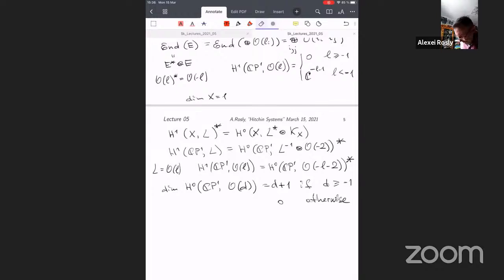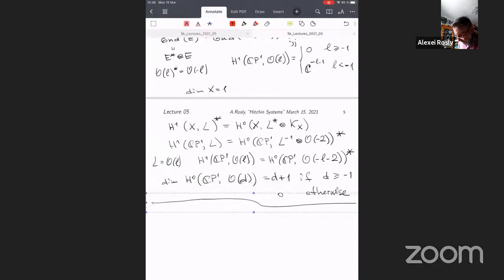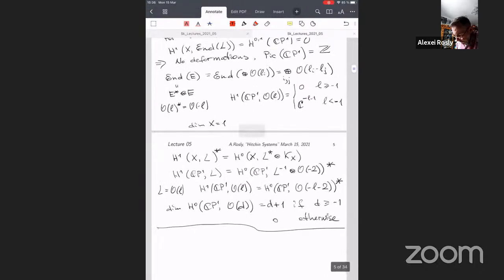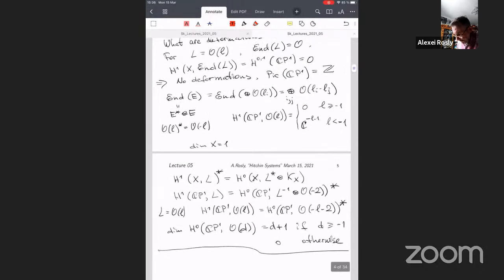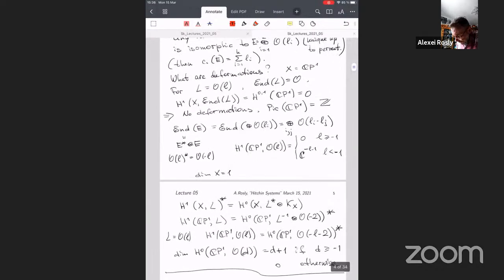Okay, this was, again, an exercise for me. So what do we see now? Sorry, something is wrong with my screen. Oh, now it moves. Okay, what was the point here?